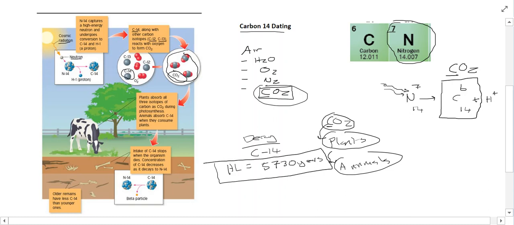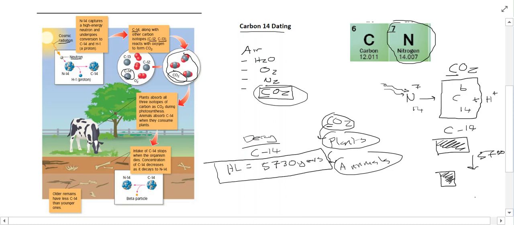And basically what happens is, let's say the animal dies and it has this amount of carbon-14. And then let's say after 5,730 years, this is going to be half.